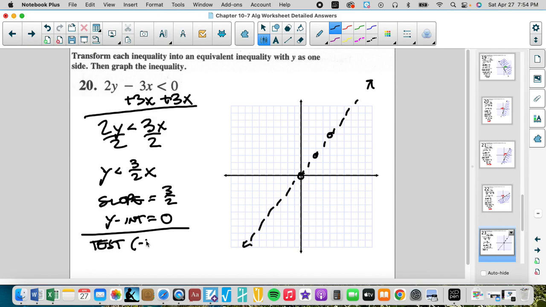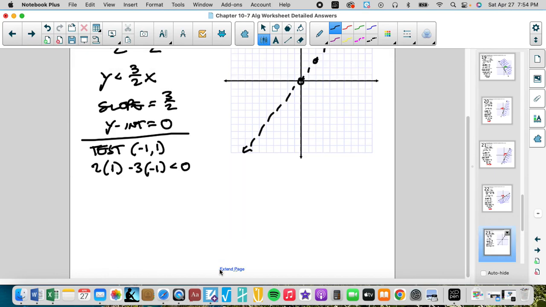So I'm going to pick -1 for x, +1 for y, and we'll plug it in. So my y is +1, my x is -1, and I'm checking to see if it's less than 0. So I get 2 plus 3 less than 0, is 5 less than 0. That's false.